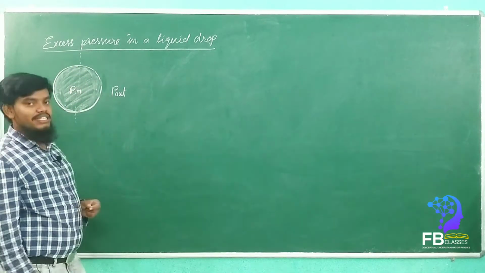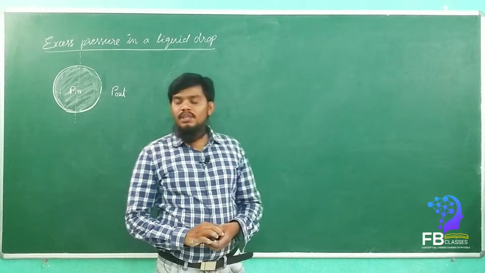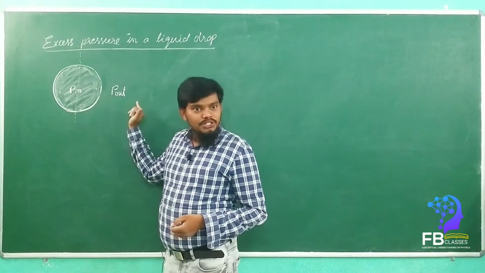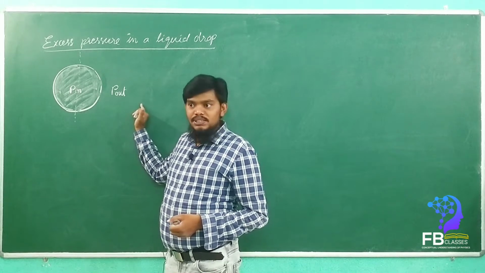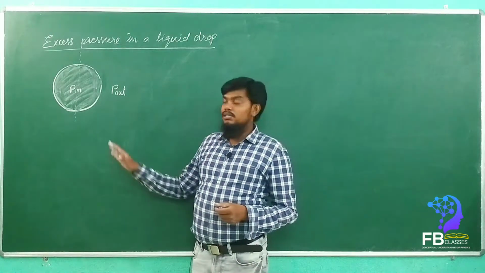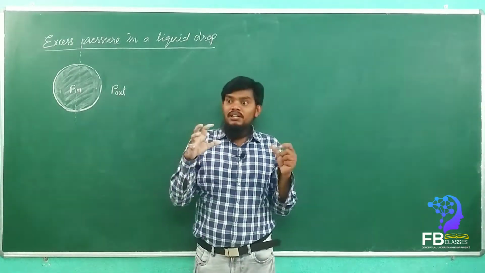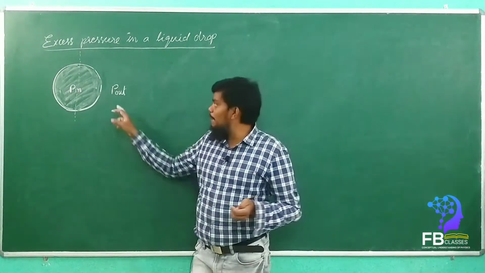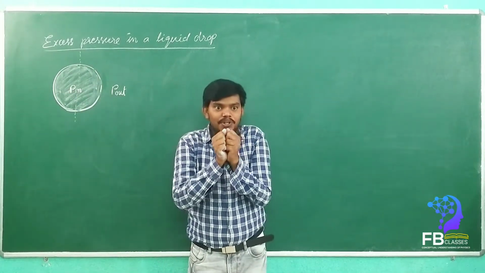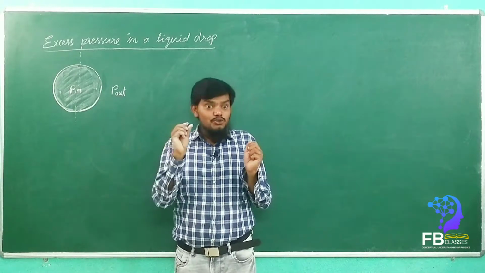Once we are going to understand the excess pressure, which pressure is more, inside pressure or outside pressure? Outside pressure? See, if the outside pressure is more, then what will happen? This water drop will shrink. Yes or no? It will become small, but that does not happen.